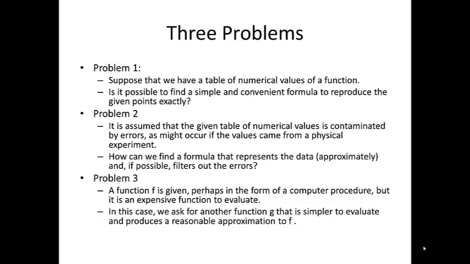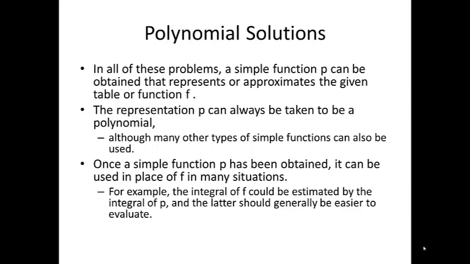Problem 3 says a function f is given, perhaps in the form of a computer procedure, but it's expensive to evaluate. In this case, we want to find another function, g, that's simpler to evaluate and produces a reasonable approximation of f. In all of these problems, a simple function p can be obtained that represents or approximates a given table or function f.